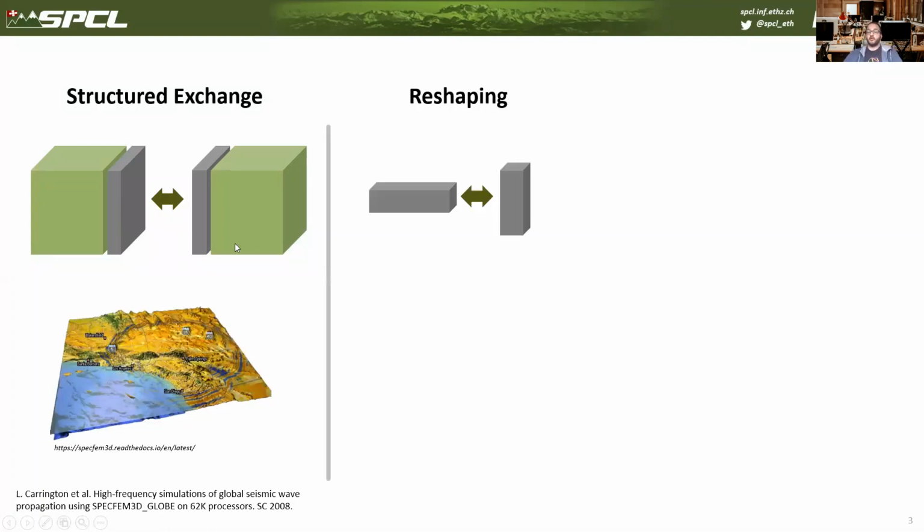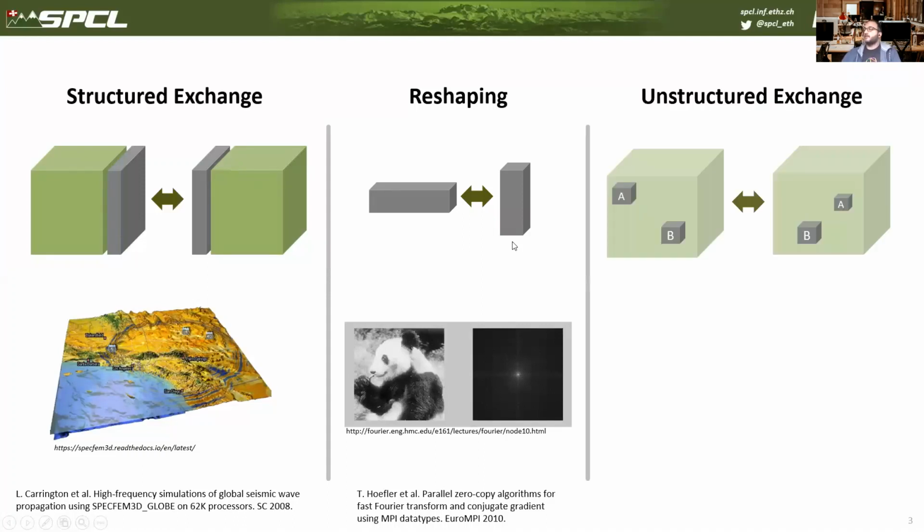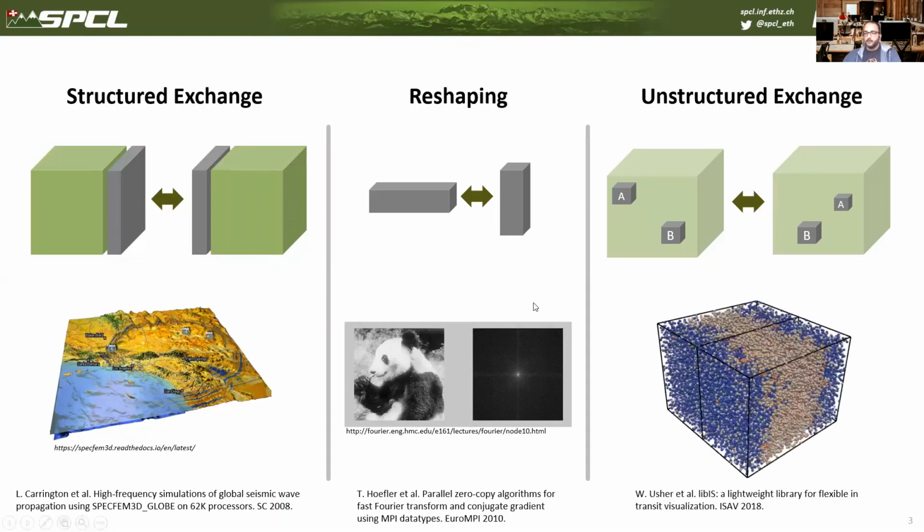Another example is reshaping, where we have the data we want to send at the sender in some layout, and the receiver says, whenever I receive this data, I want you to copy it in this different layout in my receive buffer. This is the case of fast Fourier transform, for example. The third case is unstructured exchange, where the layout of the data we want to send depends on the data itself. This is molecular dynamics.